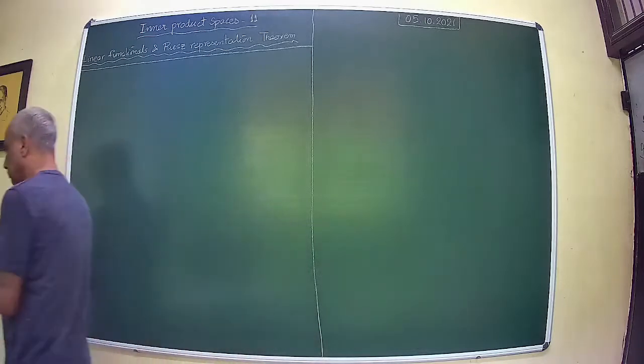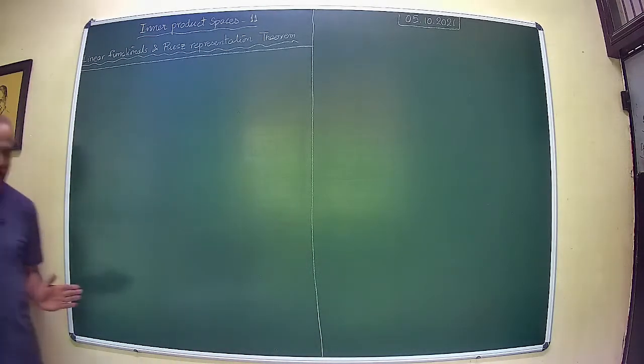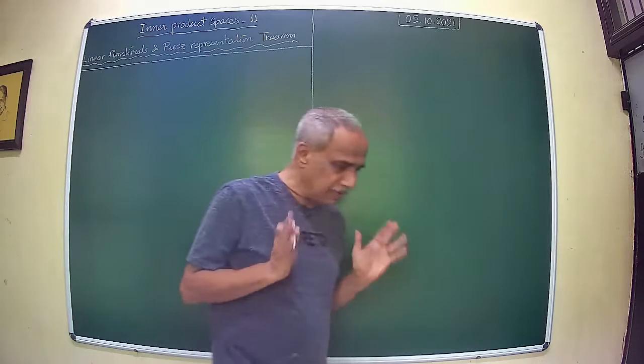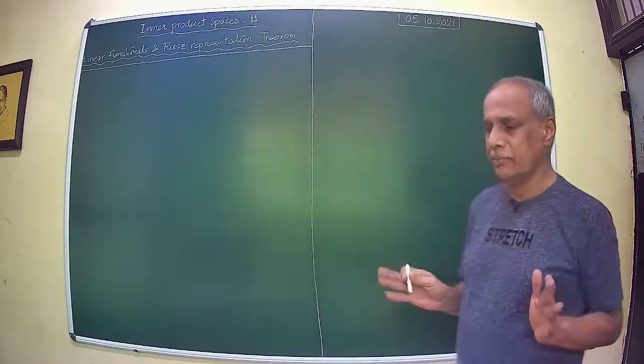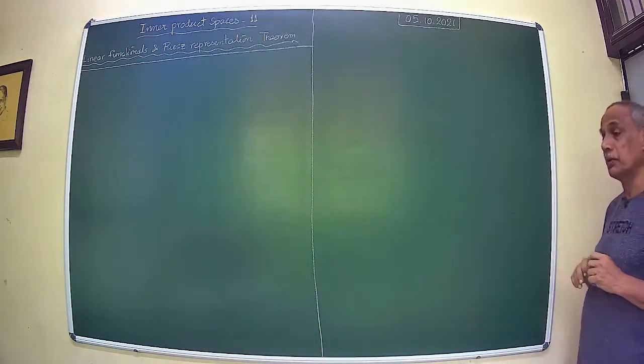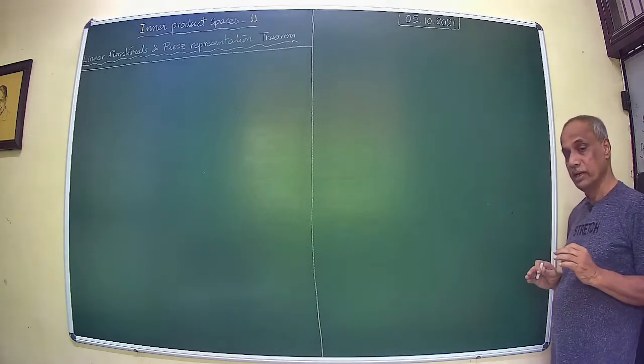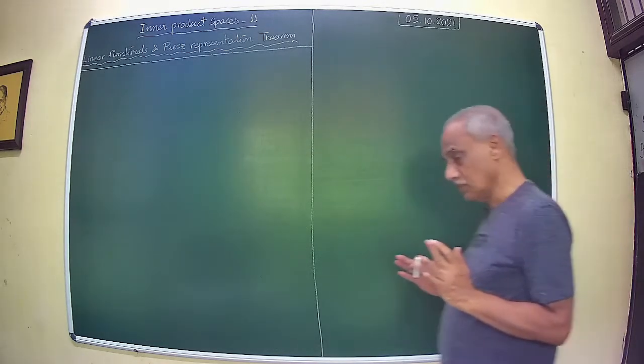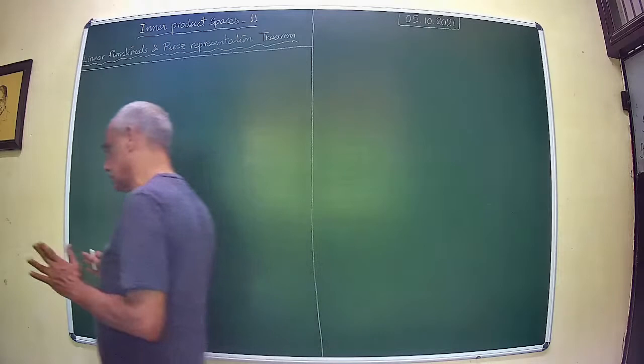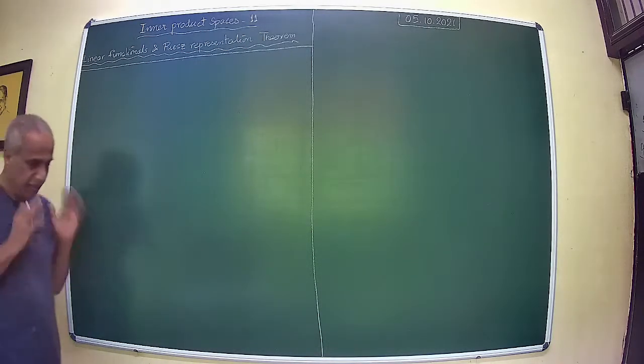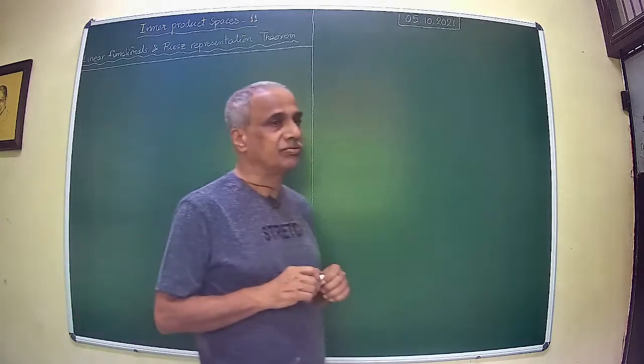This is actually preparing the ground, because our actual program is to consider mappings on inner product spaces. Okay, so we start with this activity now, beginning with what are called linear functionals.